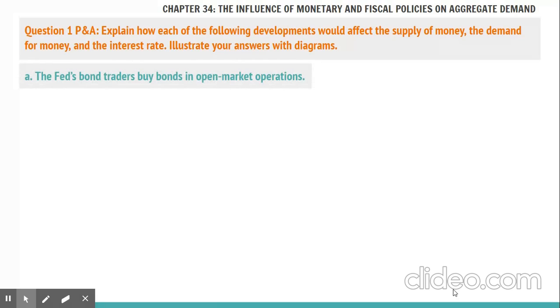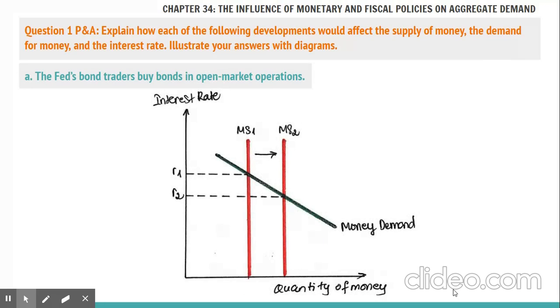For the first case, the Fed's bond traders buy bonds in open market operations. As you can see in the figure, the money supply curve will shift to the right, from MS1 to MS2 as in figure 1, and this will result in a decline in the interest rates.